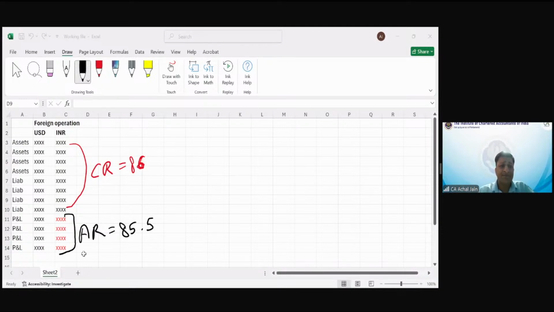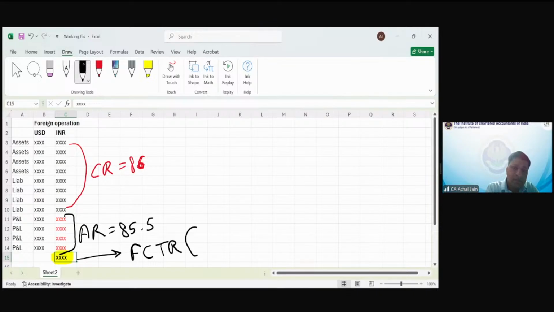So that's why a difference is going to generate. And this is what you call as FCTR. Foreign currency translation reserve.